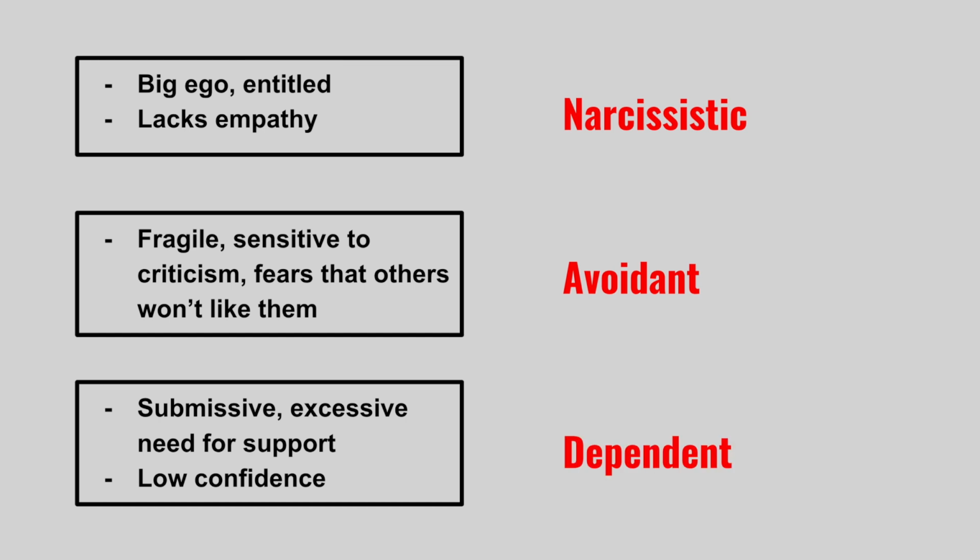This is dependent personality disorder. Now we have a patient who's faking symptoms for an external gain and conscious motivation. So this is malingering. Oftentimes, they fake these symptoms to get rewards like money.